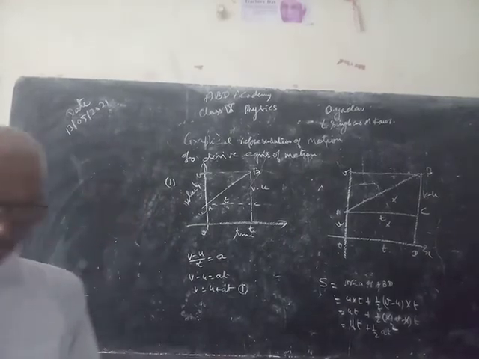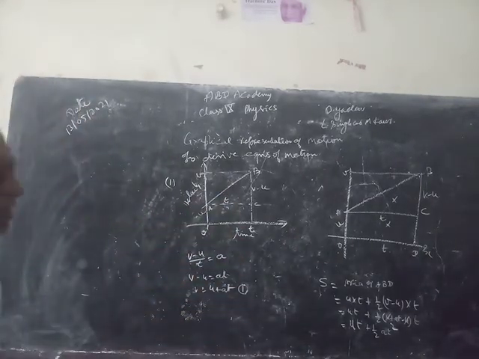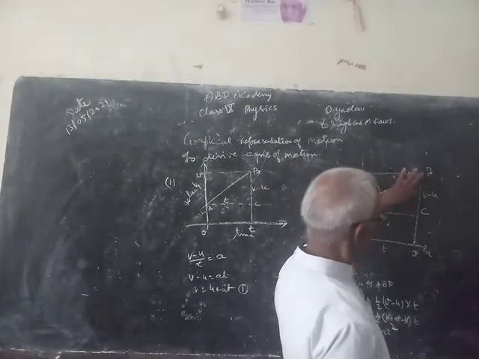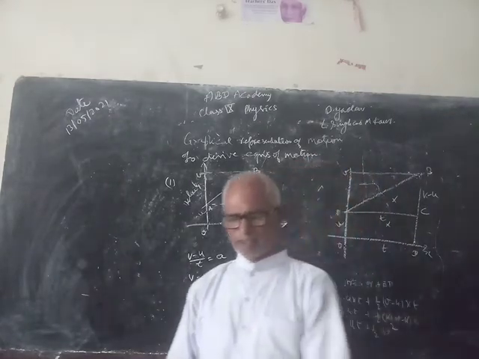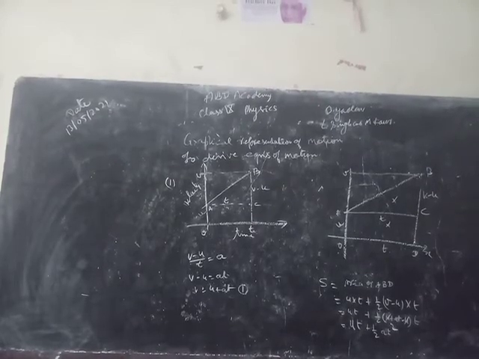You try to understand it. Area of the figure, because motion starts from here, goes to here, then distance will be represented by the area of figure O, A, B and E. And it is the second equation of motion which can be derived graphically.